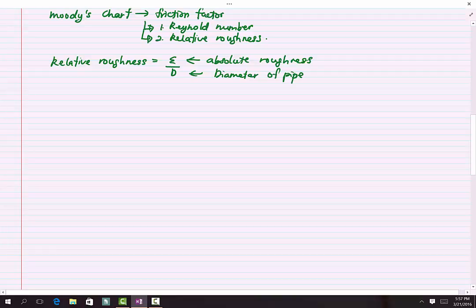The absolute roughness for galvanized steel pipe is 0.15 mm. So substitute into the equation, 0.15 mm divided by 100 mm, so you will get 0.0015 for relative roughness, with no units.